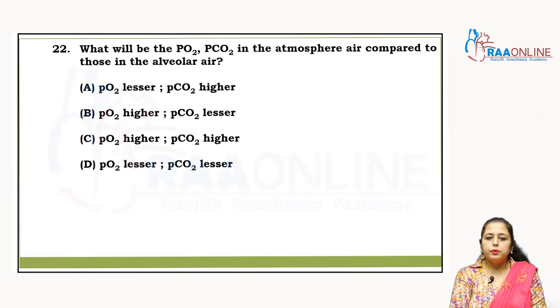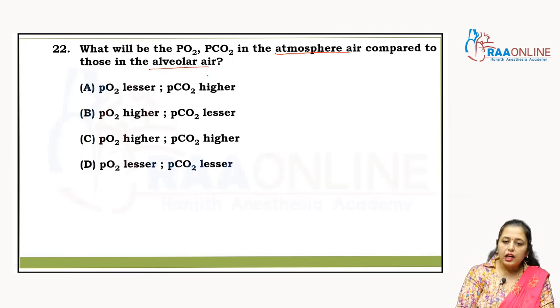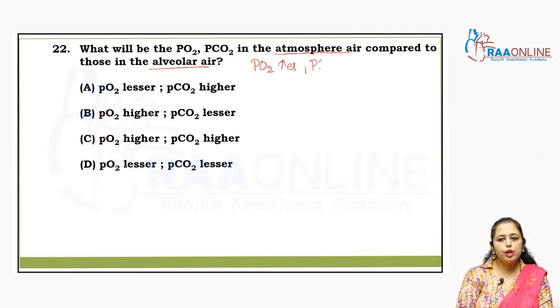22. What will be the PO2 and PCO2 in the atmospheric air compared to those in the alveolar air? Right? So in alveolar air, obviously the PO2 is higher and the PCO2 decreases.